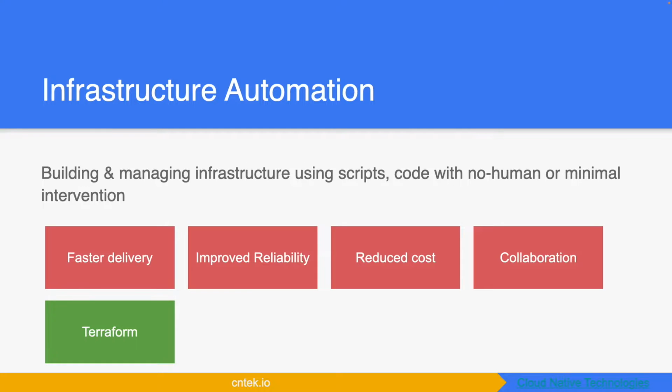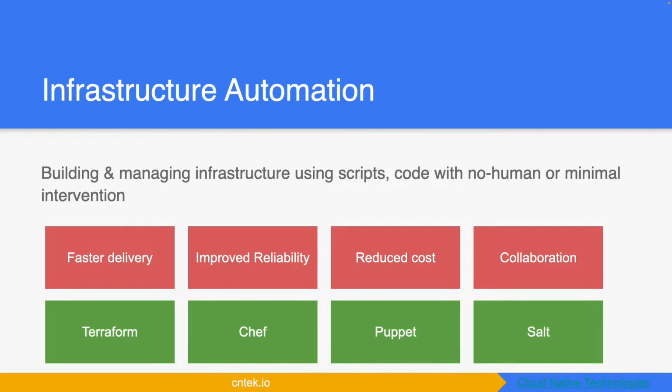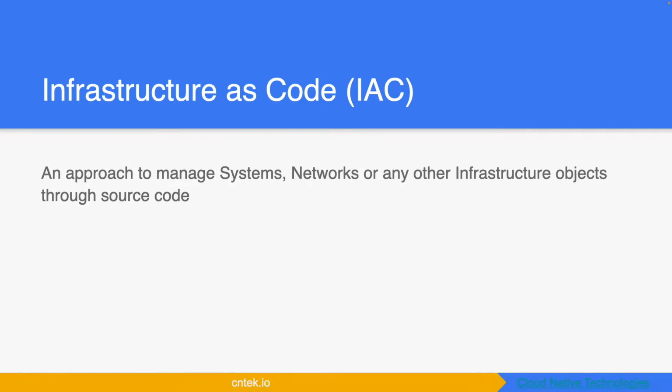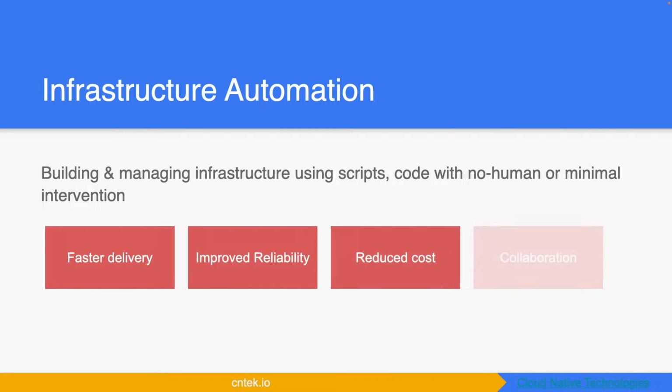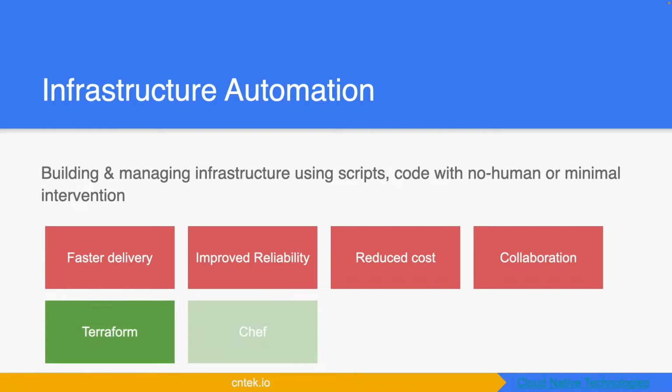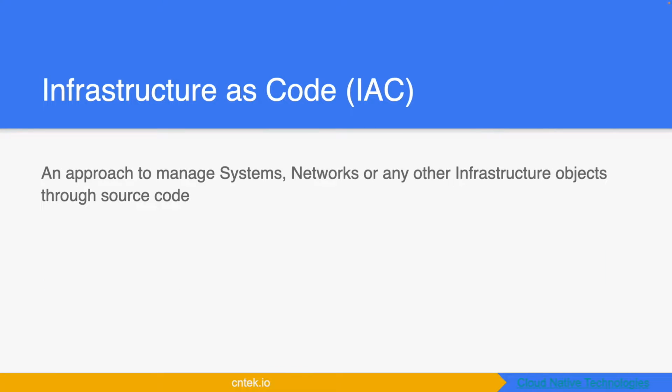There are multiple tools to achieve infrastructure automation such as Terraform, Chef, Puppet, and Salt. These tools are focused on a variety of areas, but Terraform is mostly focused on cloud infrastructure in the given scenario.